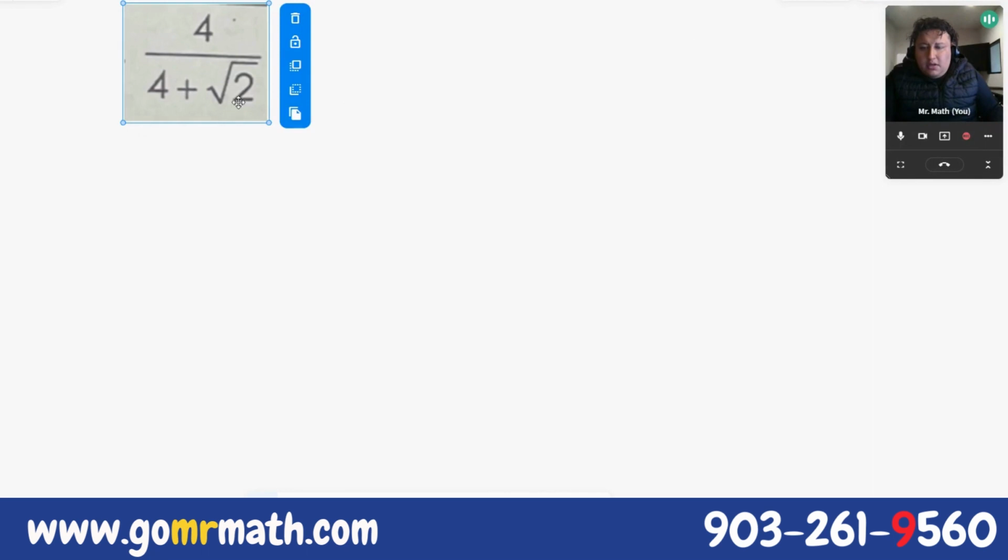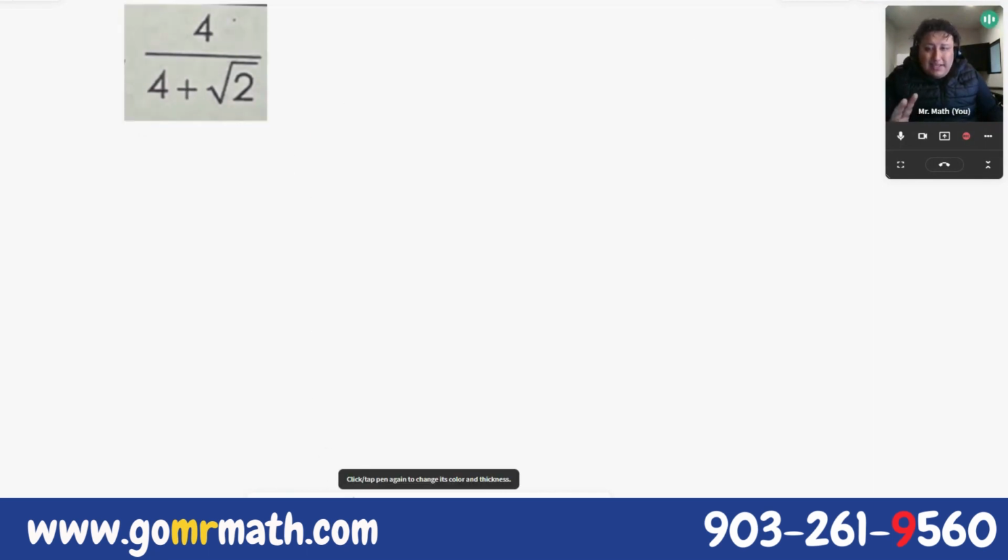On the denominator, we have two expressions now. In this case, we cannot multiply only by root of 2, because that is not going to eliminate the square root from the denominator. What we need to do is multiply times the conjugate. What is the conjugate? It is the same expression, but instead of this plus, we change it for a minus. And we'll see why.